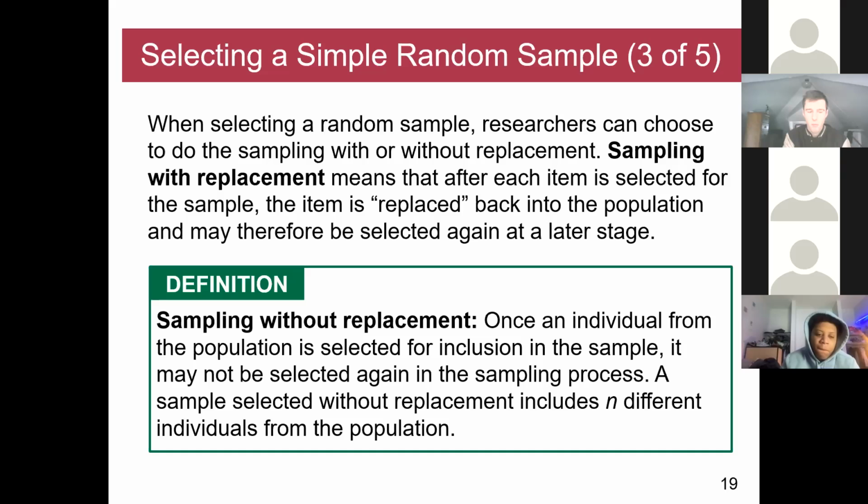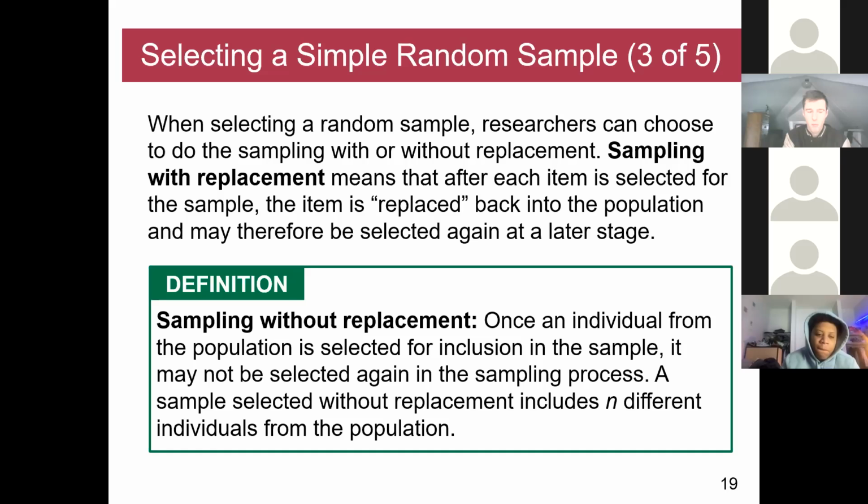Now, sampling without replacement means that we do not put that ball back into the box. Now, why is that important? Well, if we want to keep the probability of being selected the same each time we select from a population, then if we sample without replacement, typically that probability changes.